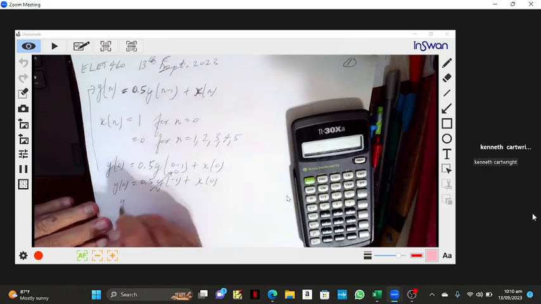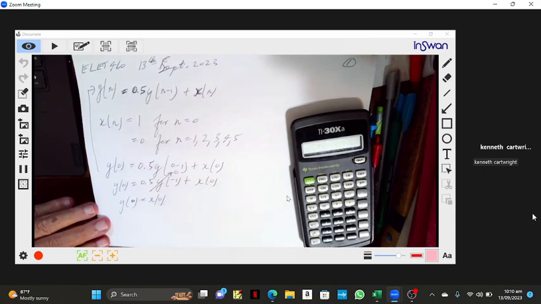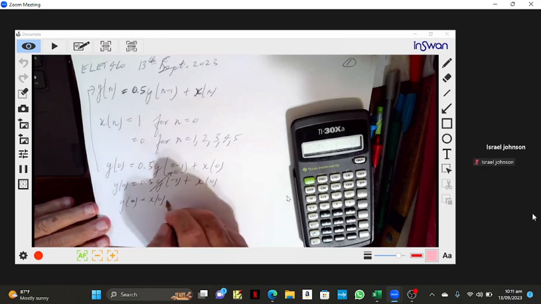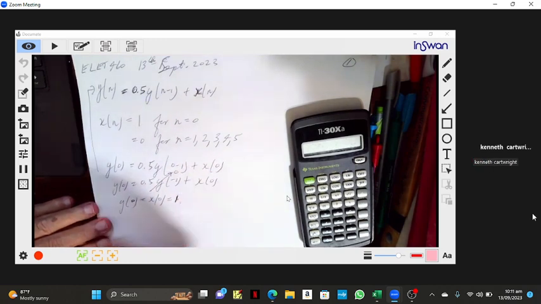So y of 0 equals x of 0. And what's the value of x of 0? That's 1. So y of 0 is 1. Again, I ask, why is that hard? What's difficult about that?